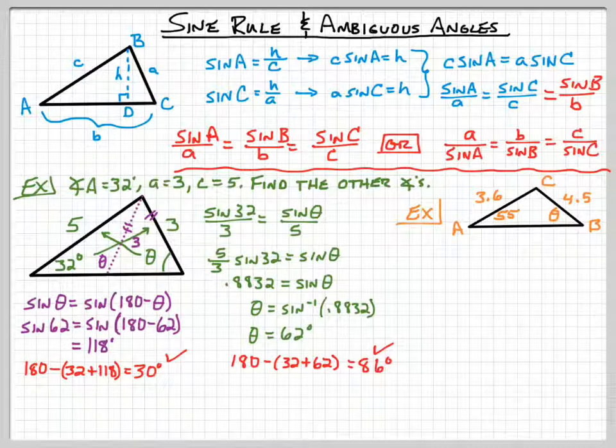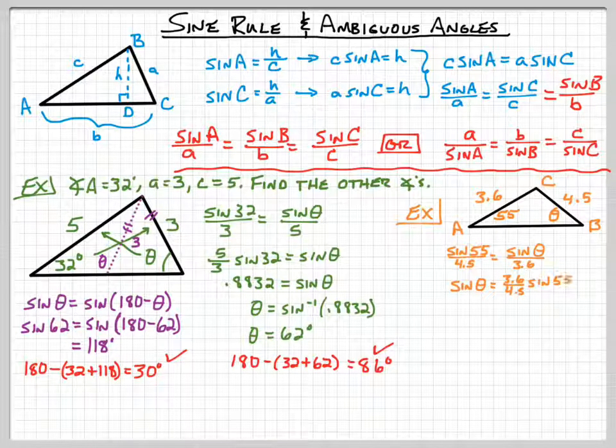So we'll start with theta as being the angle opposite side B, 3.6. We'll set up our proportions. So sine 55 goes with 4.5, sine theta goes with 3.6. Multiply 3.6 on both sides of the equation, and we get sine theta equals 3.6 times sine 55 over 4.5. Punch that into our calculator to get sine of theta equaling approximately 0.6553.